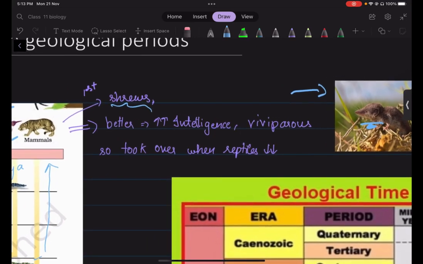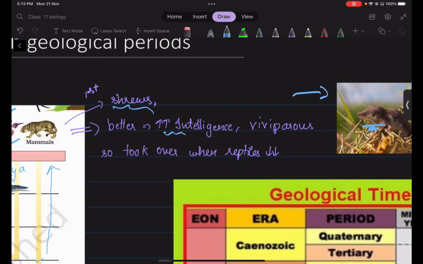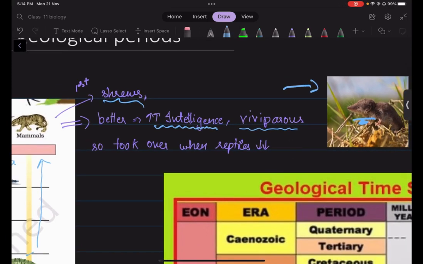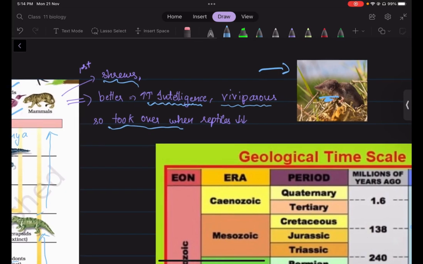But evolutionarily speaking, they were definitely better than reptiles because they were quite sharp and more intelligent than reptiles in sensing and avoiding danger. And also they were viviparous and not oviparous, so they could protect their unborn child in the mother's womb. So that is why they immediately took over when reptiles came down.